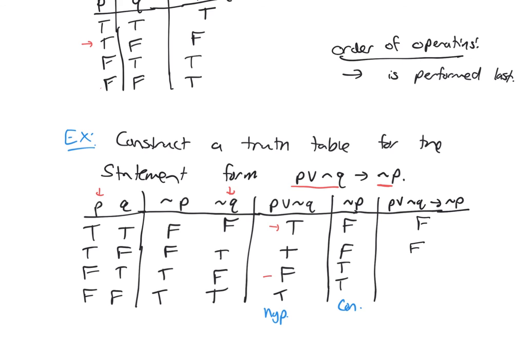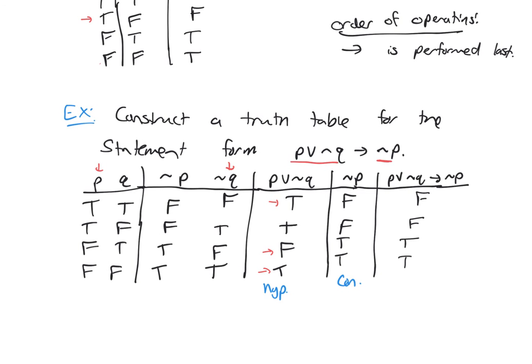Now this row, the third one, our hypothesis is false, which means it's automatically true. And then in the last row, our hypothesis and our conclusion are both true, so this would be true. So this would be the truth table for that statement form. Make sure when you're doing these conditional statements, you do a column for the hypothesis, you do a column for the conclusion, and you do a column for the conditional statement overall at the end.